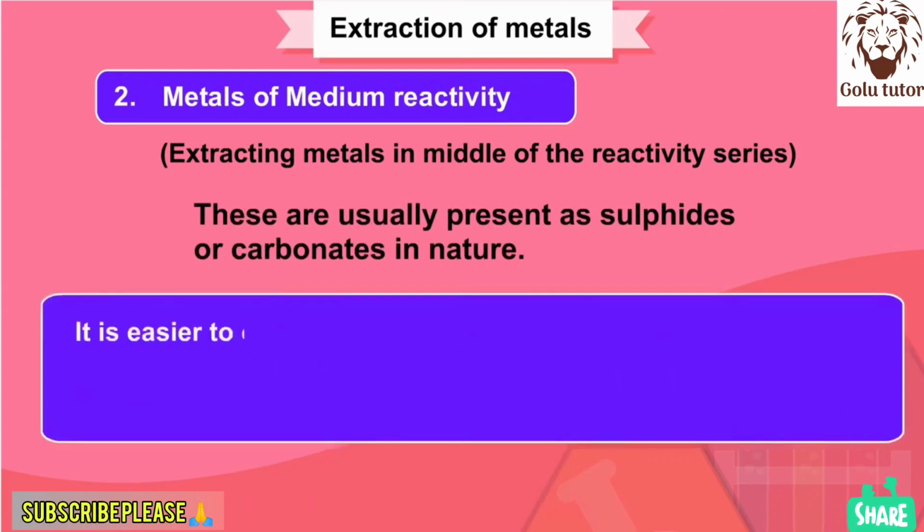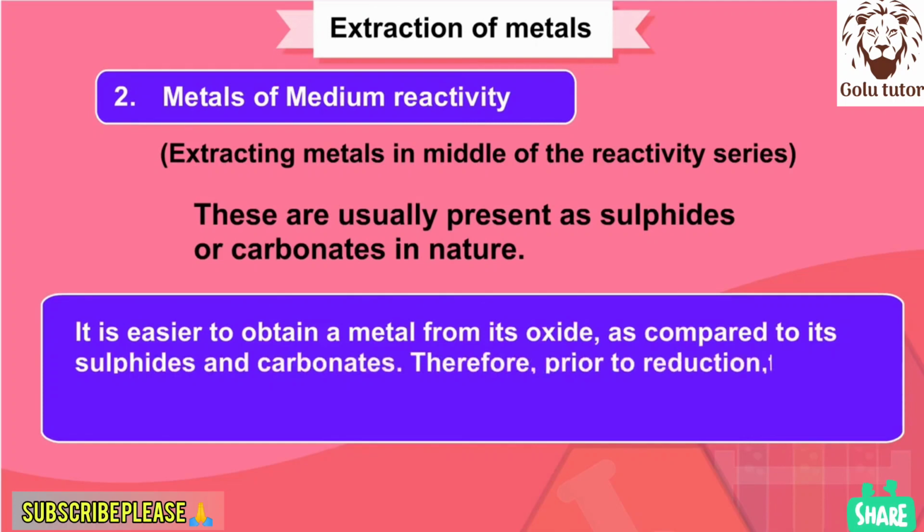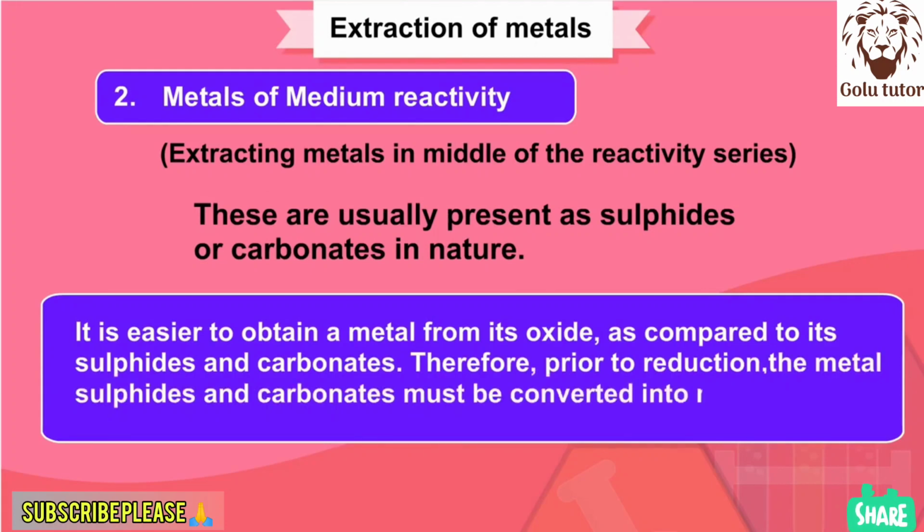It is easier to obtain a metal from its oxide as compared to its sulfides and carbonates. Therefore, prior to reduction, the metal sulfides and carbonates must be converted into metal oxides.